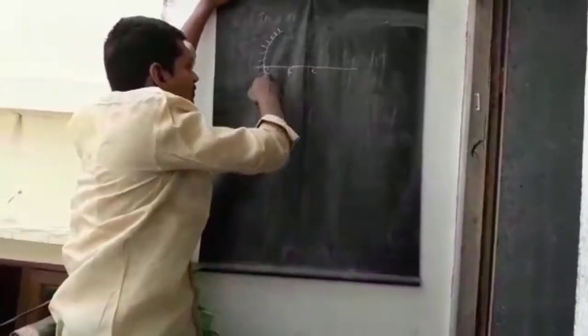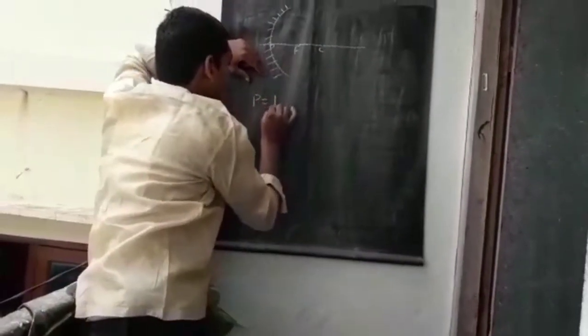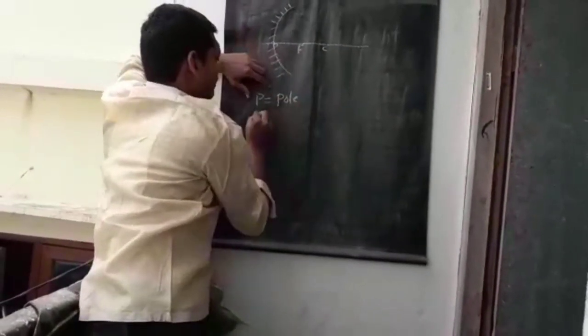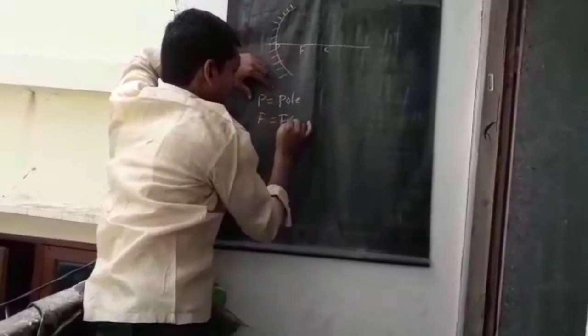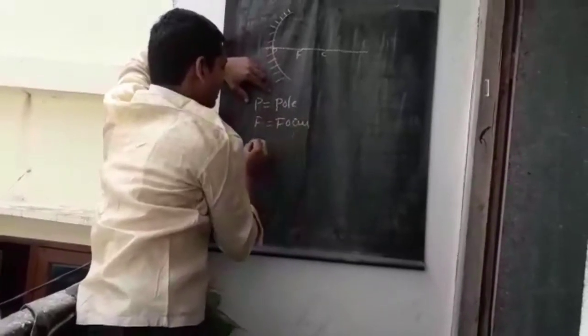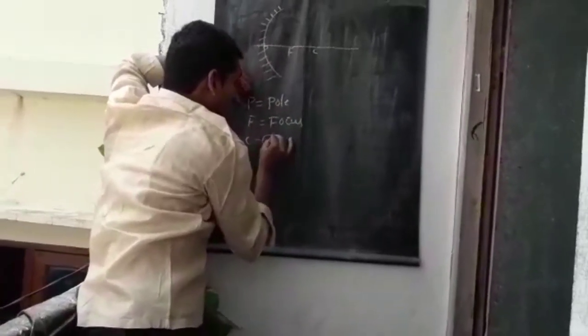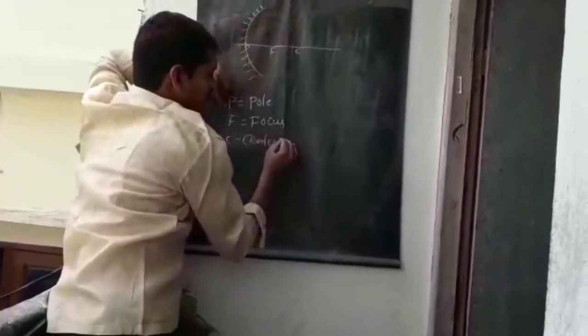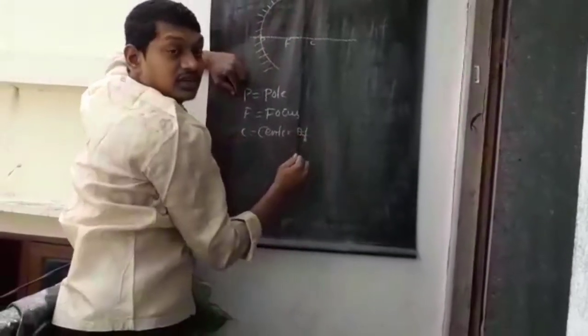So here P stands for pole, F stands for focus, and C stands for center of curvature.